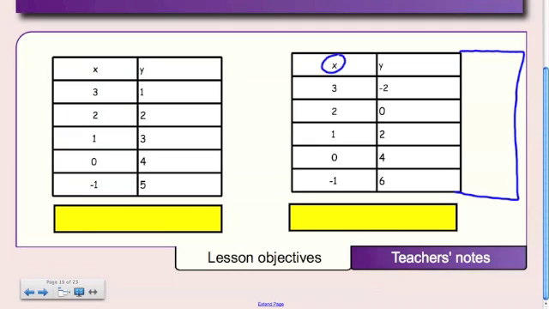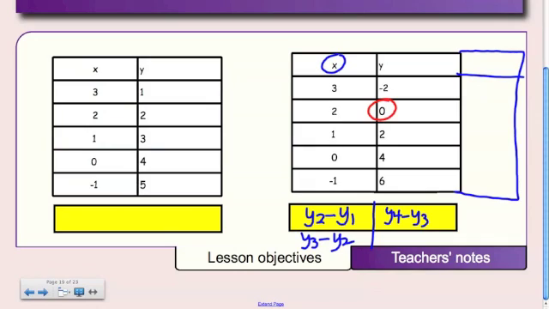In order to prove that your y-coordinates represent a linear relationship, we're going to use the formula y2 minus y1, and then y3 minus y2, and then y4 minus y3. What that means is I'm going to start with my second y-coordinate, and I'm going to subtract the one that comes before it.